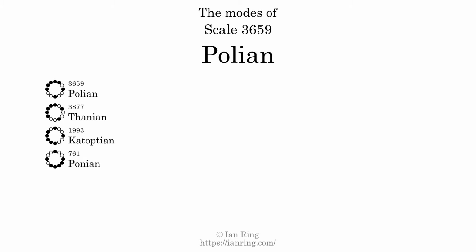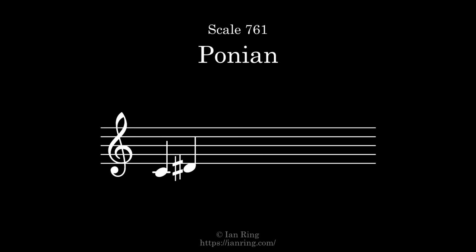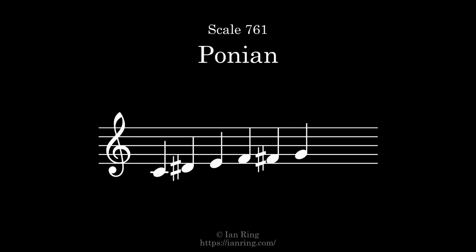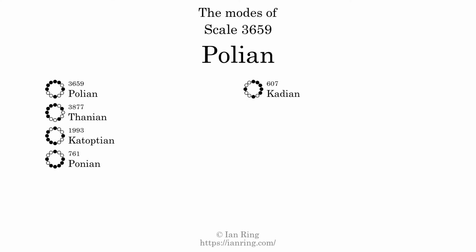The fourth mode is scale 761, also known as Polian. It sounds like this. The fifth mode is scale 607, also known as Cadian. It sounds like this.